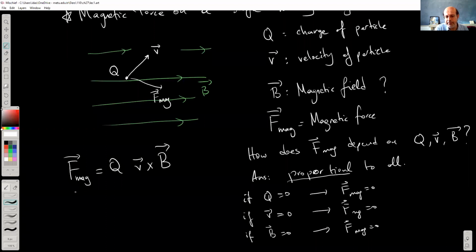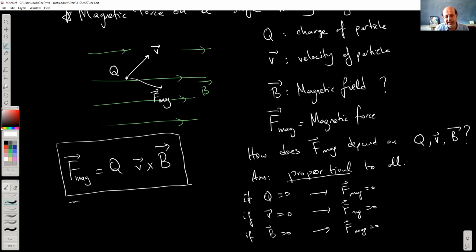I can directly measure this force. I can directly measure the other things as well. By using these values, I can deduce the magnitude and the direction of this magnetic field. But probably I need to use different particles moving in different directions to be able to completely measure the magnetic field, right? But this is the definition.